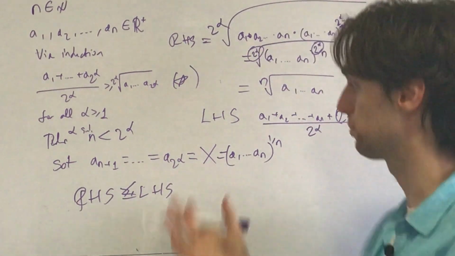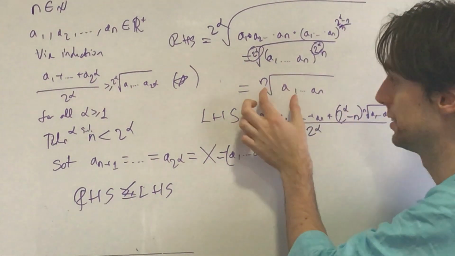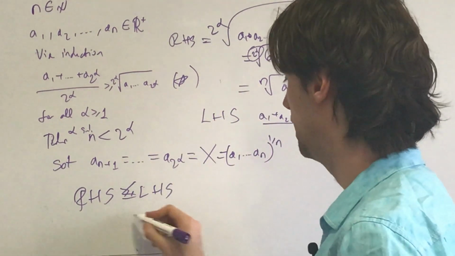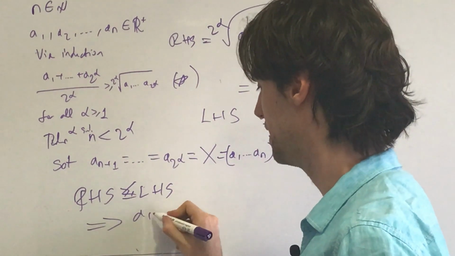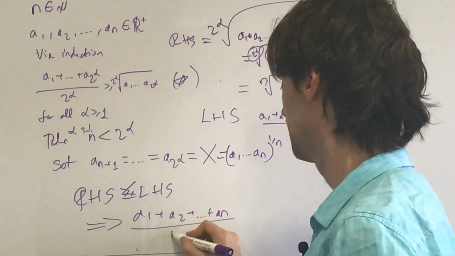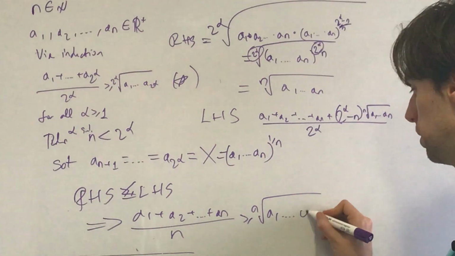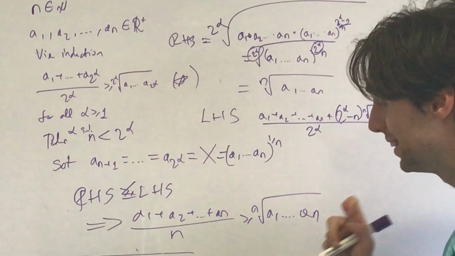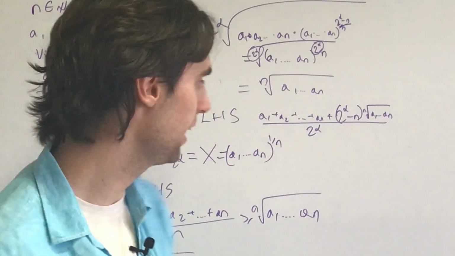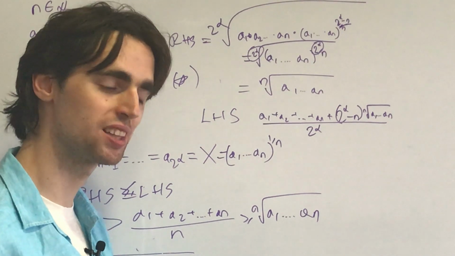When you multiply everything through by 2 to the alpha, this cancels, this thing cancels out with this, n of them remain, and then this implies that a1 plus a2 plus an over n is greater than or equal to the nth root of a1 through an. And this solves the arithmetic AM-GM. This proves the AM-GM inequality.